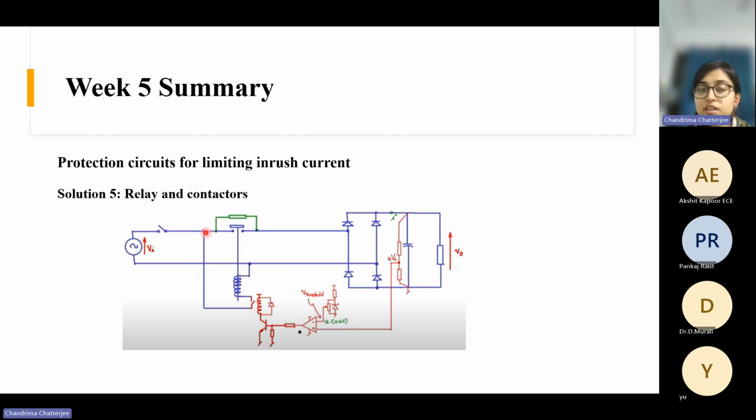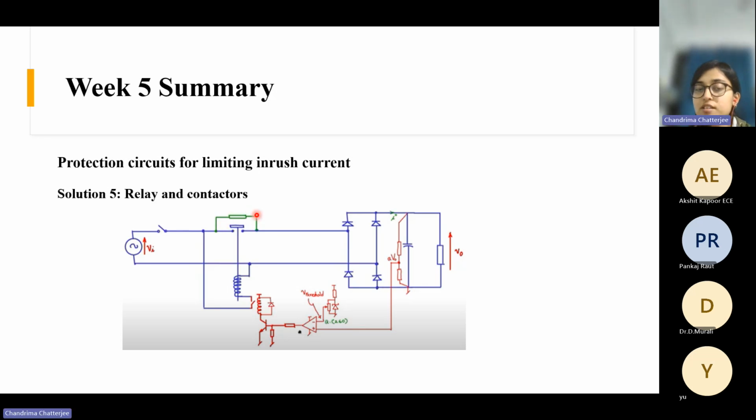That's what we have done. We have added one resistance. But the problem is, after this initial phase is over and the circuit goes into steady state, this resistance is not required anymore. But if we have this resistance here, it will go on making loss, which is completely unnecessary.